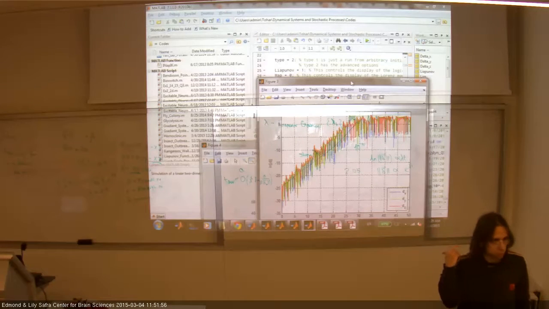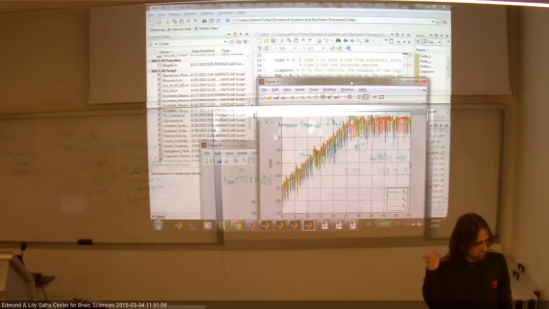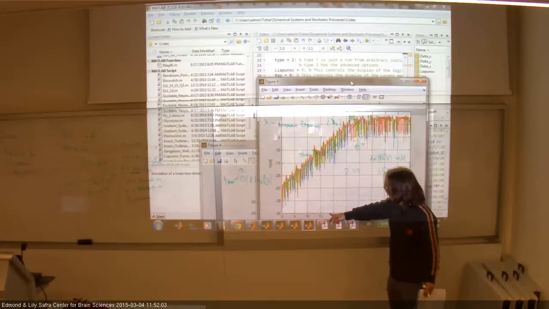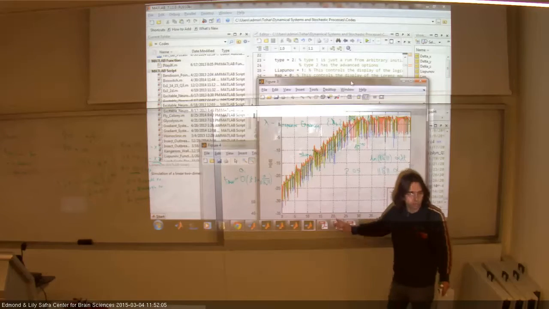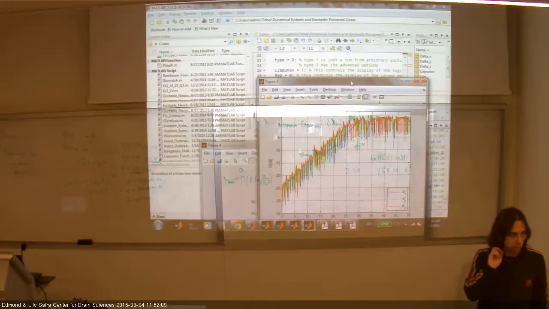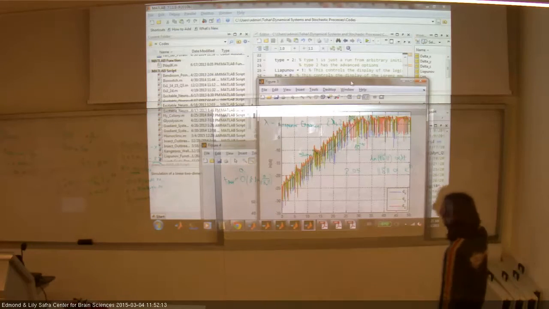And lambda, we know, is 0.9. So after several tens of time steps, you will already not be able to predict the system. Predictions break down.